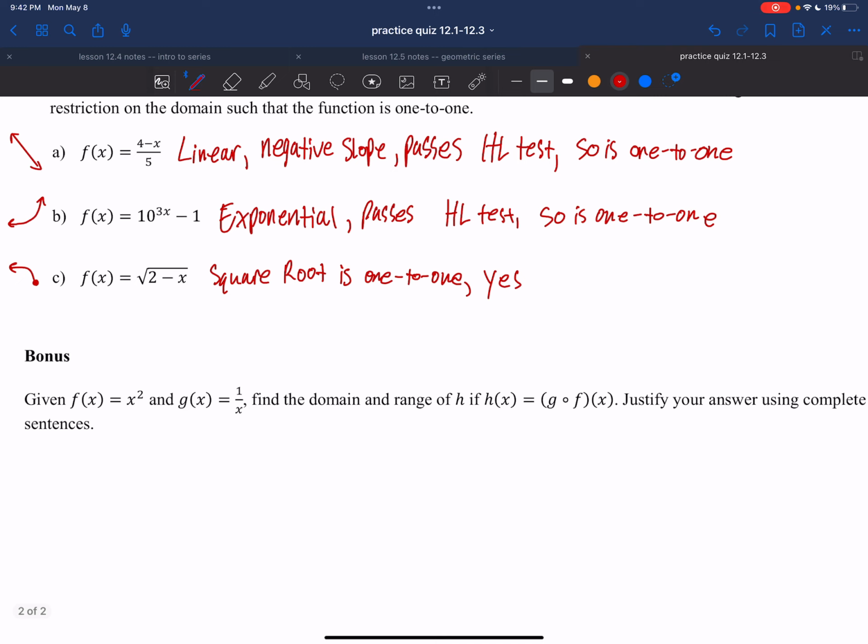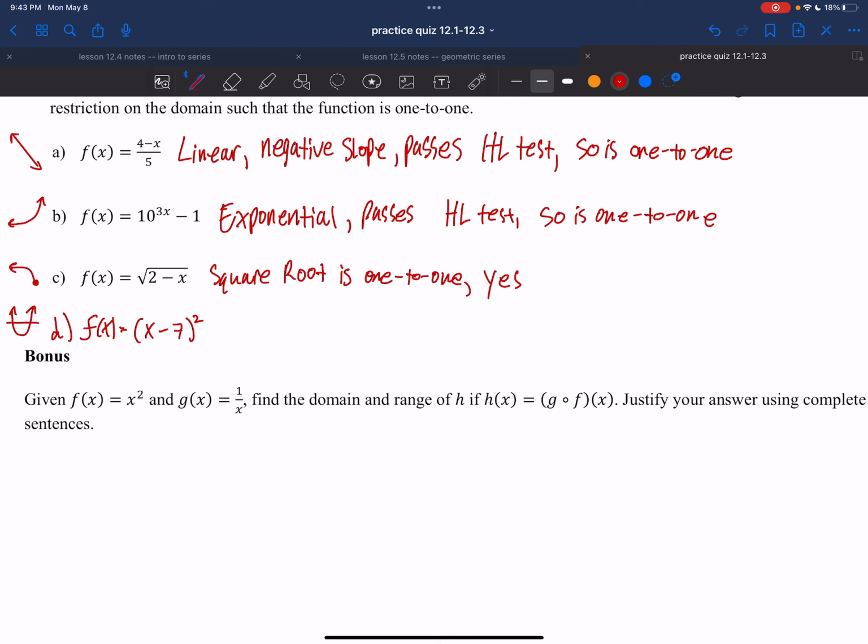I'm going to make a D. I'm just going to make it up real quick here. D. I'm going to say f of x equals 3 times x minus 7 squared. Okay, that's quadratic.